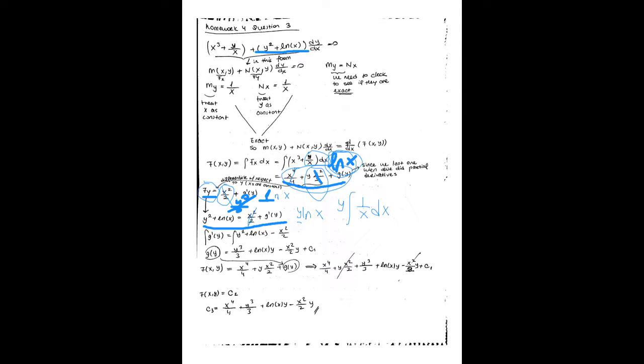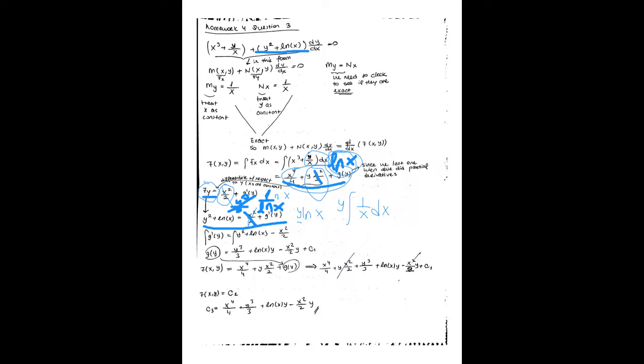So this here is also ln x. And after that, I rearranged the equation. I got g prime of y equals y squared ln x minus ln x, and then I integrated both sides.